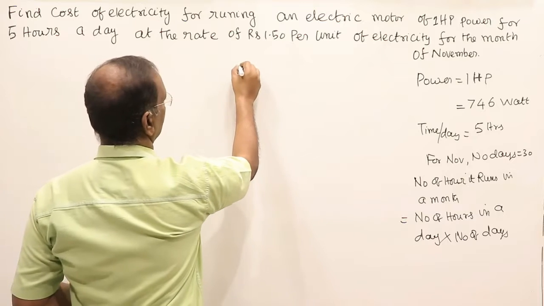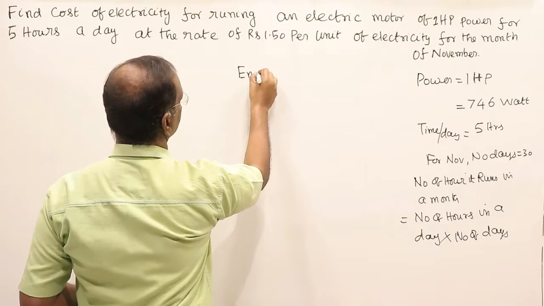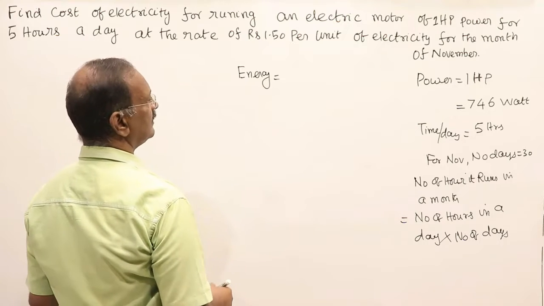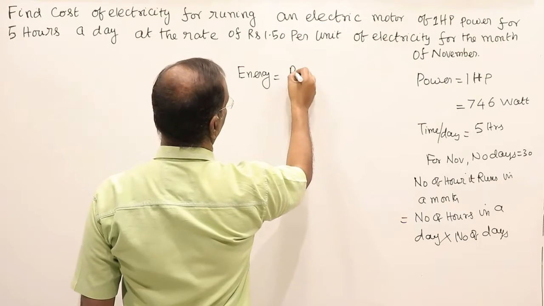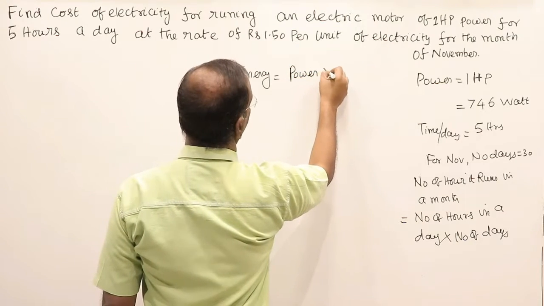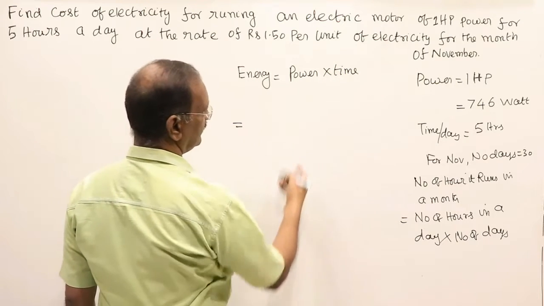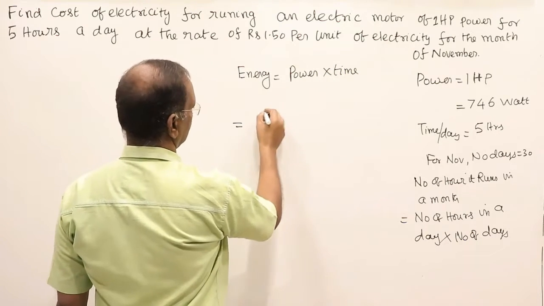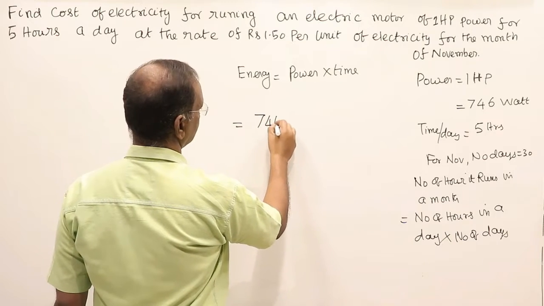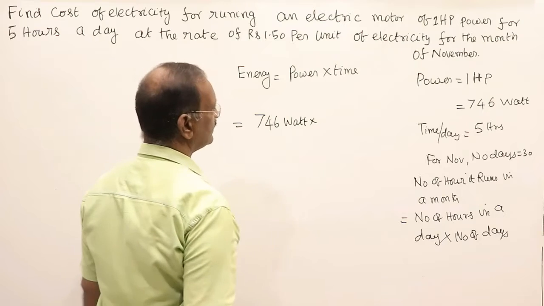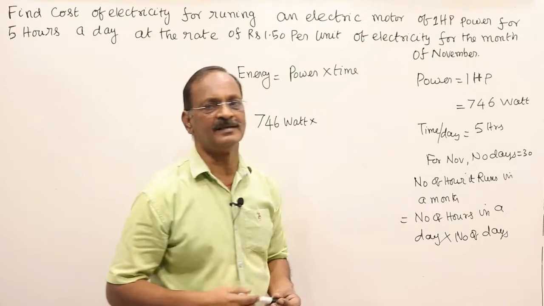Since we know electrical energy consumed is equal to electric power dissipated into time, the power is 746 watt. Time: how much time is it running?